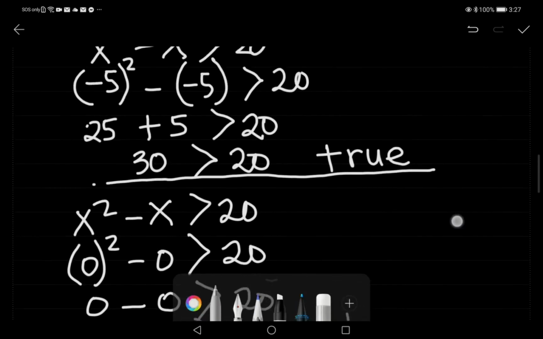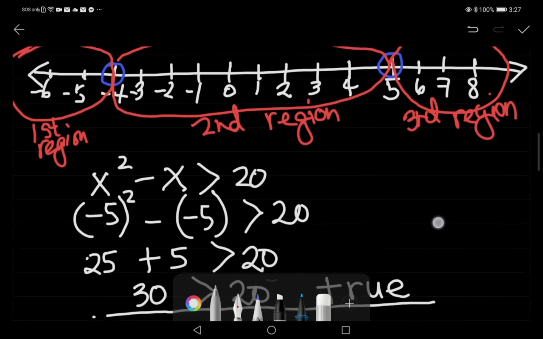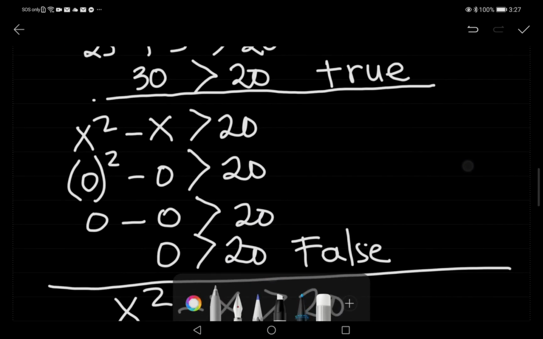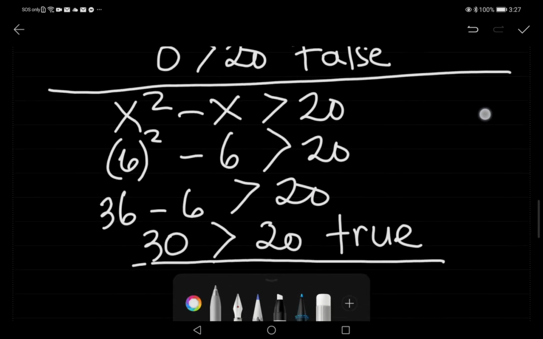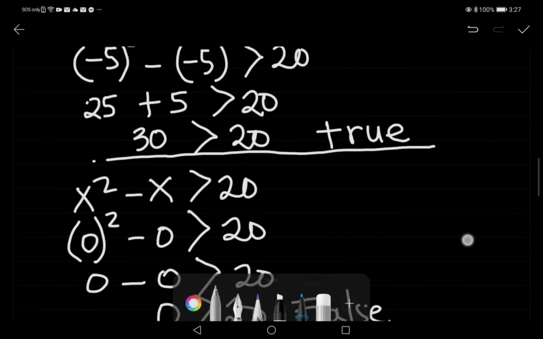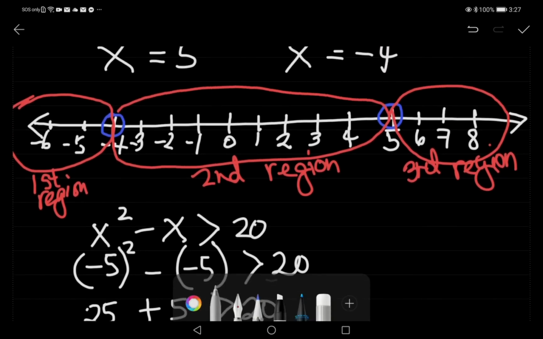So ang first region is true. Then the second is false. And the third region is true. So ato ni siyang butangan nato siya og dark line sa pikas kay mao man ni siya ang true.